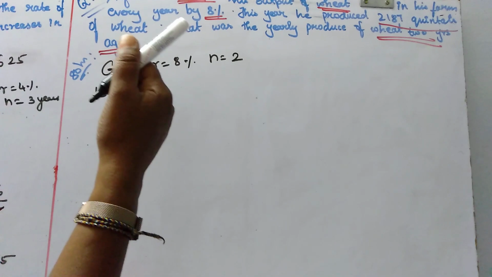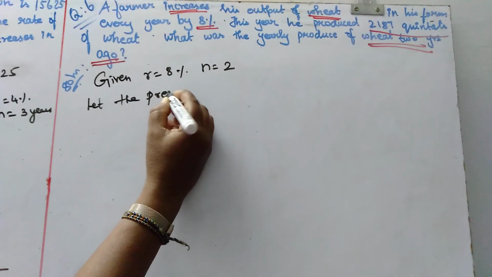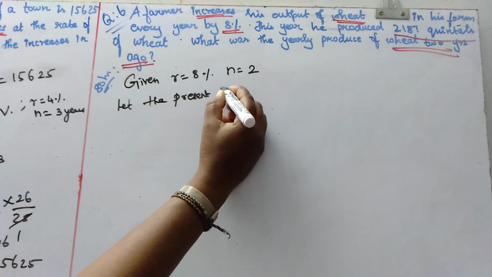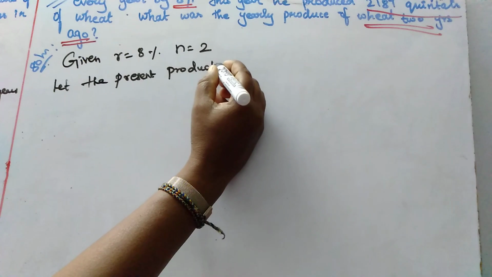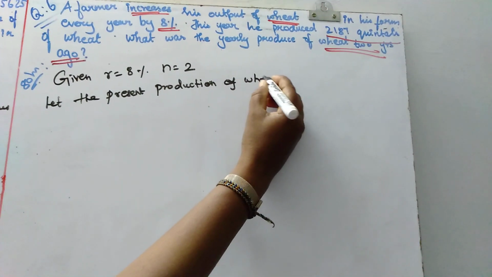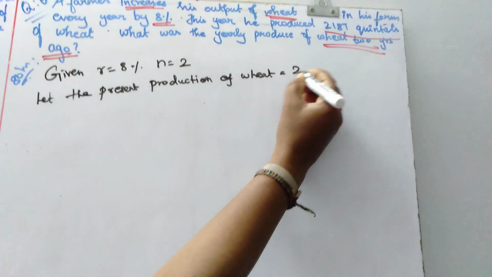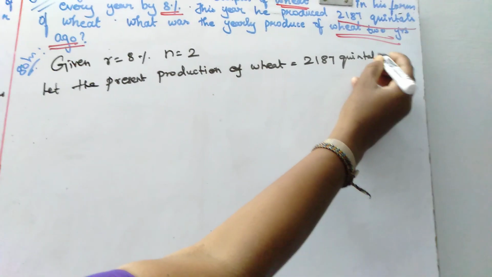Then this year he produces, okay. Let the present production of wheat be equal to 2187 quintals, right?